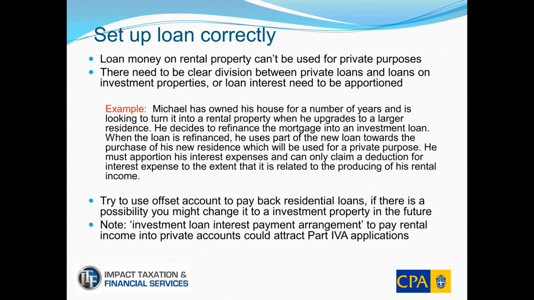So let's say Michael has owned his own property for quite a few years. Let's say he bought the property at a price of $1 million. Then he might have paid half of the initial price as a down payment, so he paid 500K for it already.